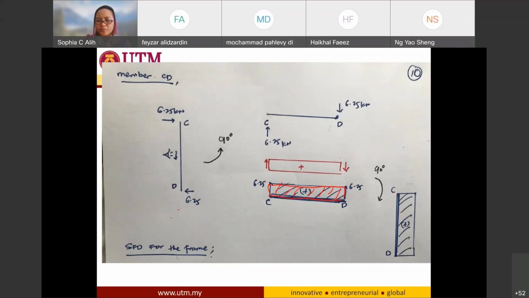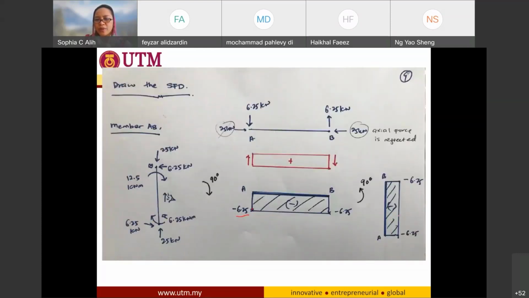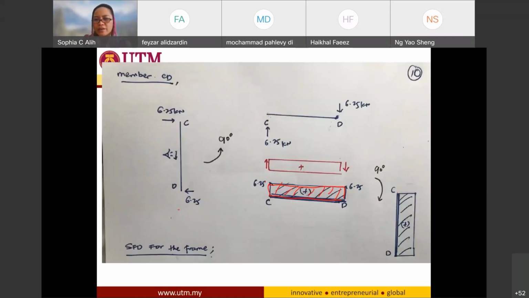Now I just combine this one that I have already drawn for member AB. So remember, this is the reference line for my member AB, and it is pointing towards this side, to the inner part. And for the BC, there is no problem. And this is the reference line for my member CD, and it is pointing towards this direction.